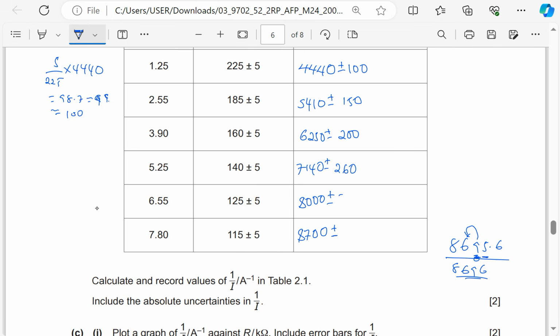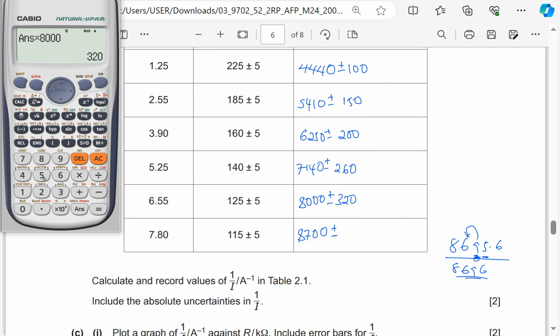That is 320. And the last one is 5 divided by 115 times 8700. So this is 378, which is either 380 or 400. I will just write 380.